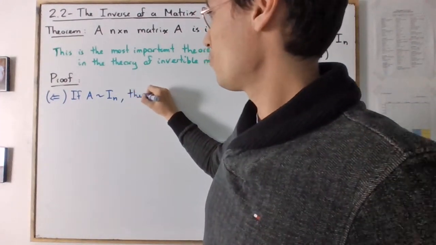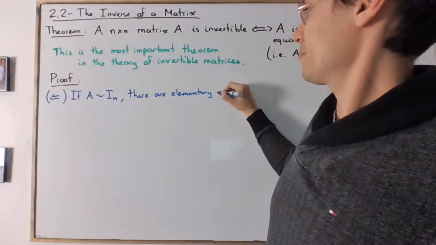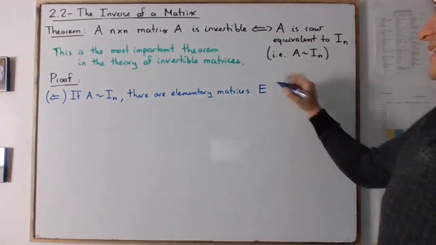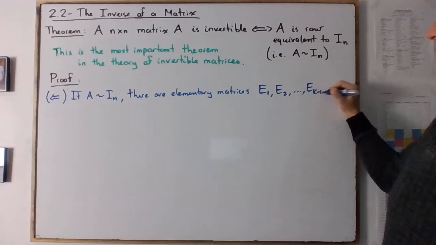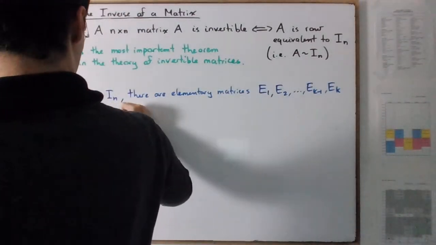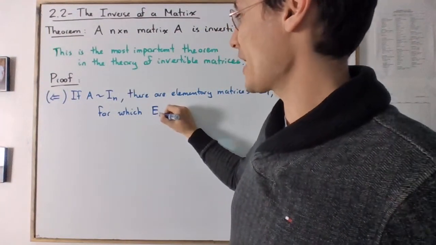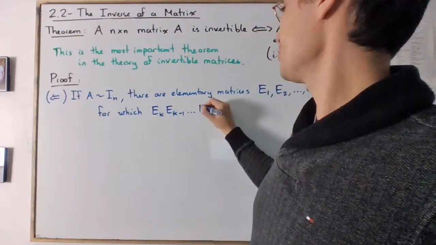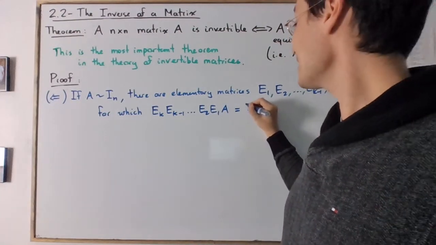So there are elementary matrices, we call them E1, E2, all the way up to E_{k-1}, E_k, for which if you apply them in the reverse order on A, so E_k, E_{k-1}, all the way down to E2, E1, A, you get the identity matrix.